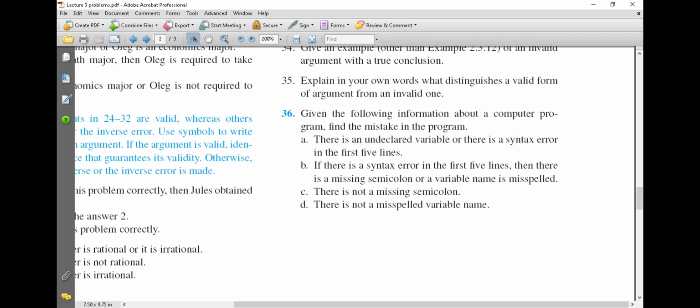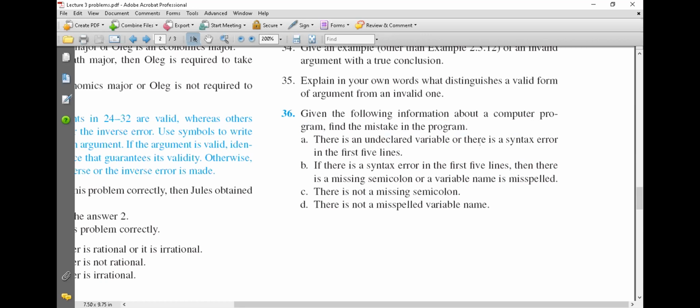There is a syntax error, let's denote it by S, by the first letter of the statement.